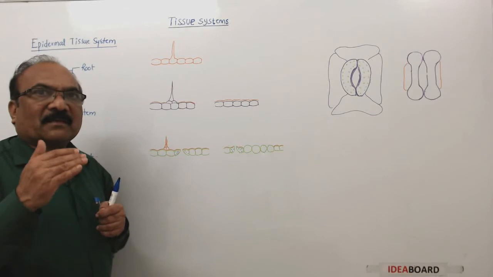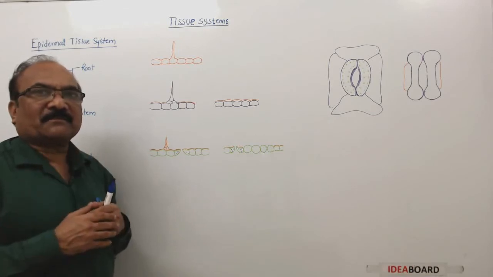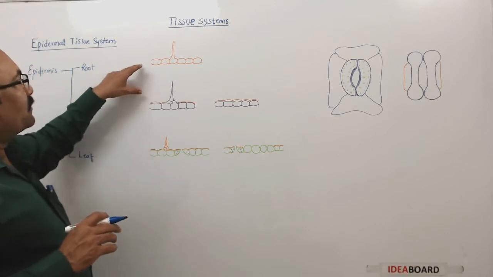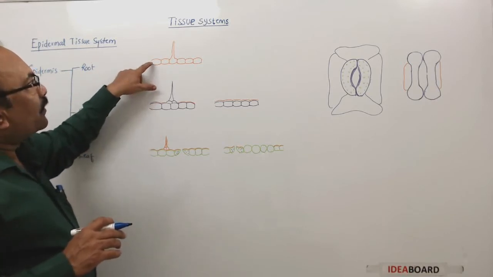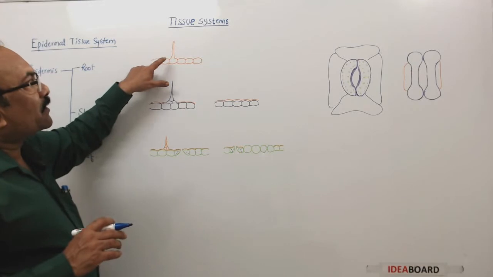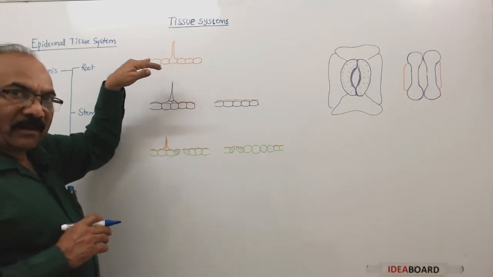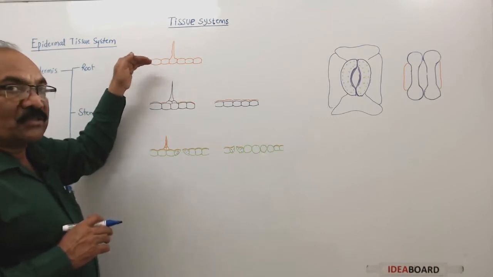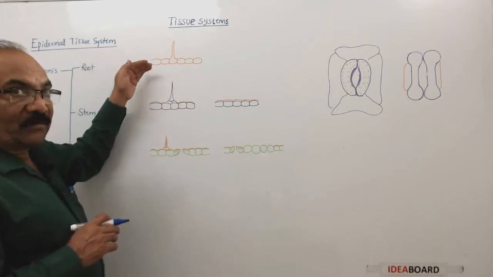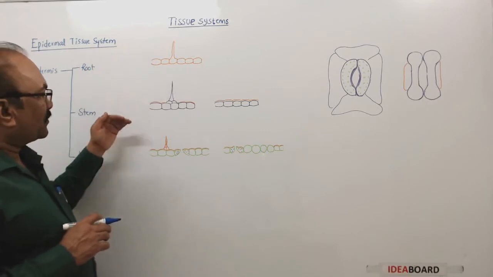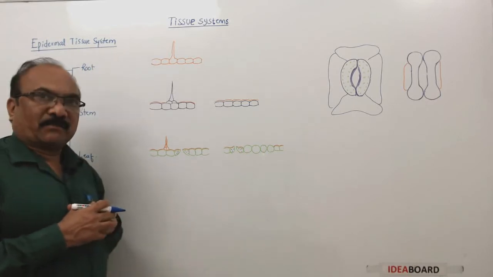So in the epidermis, intercellular spaces are absent. These epidermal cells are parenchymal cells, arranged in one line, compactly, without intercellular spaces. This is applicable for root epidermis, stem epidermis, as well as leaf epidermis.